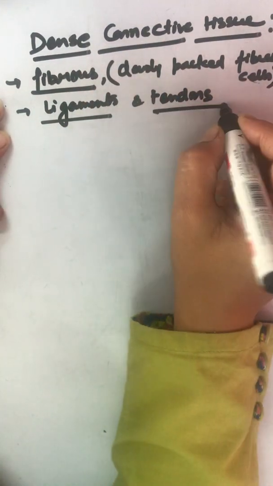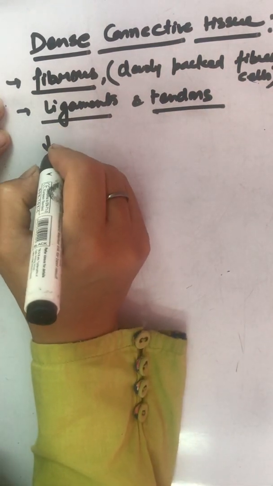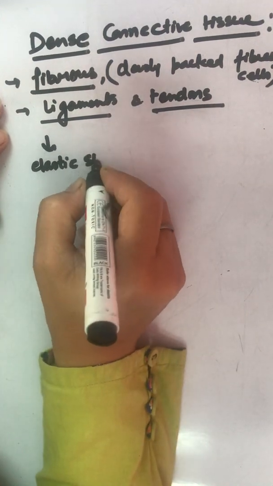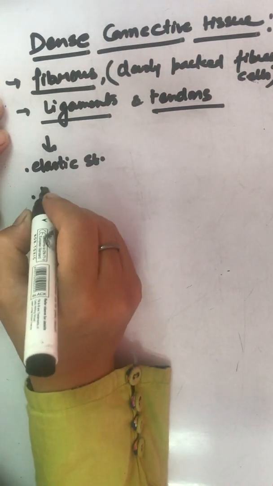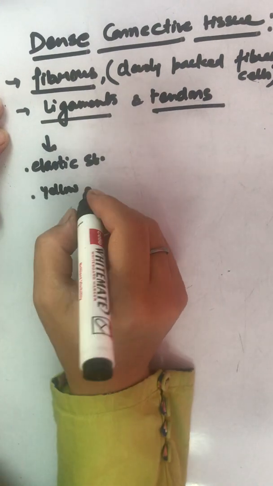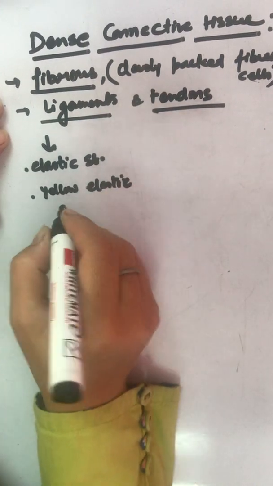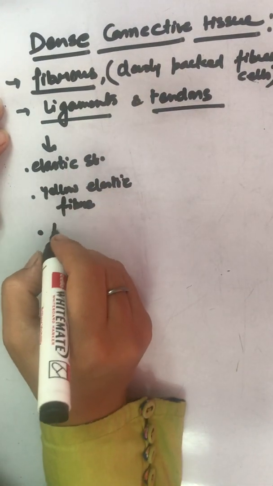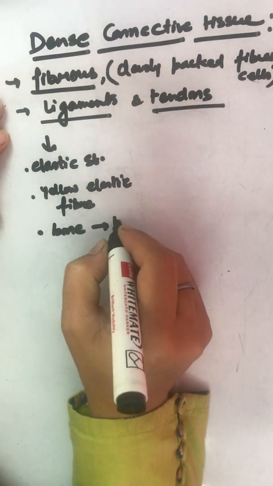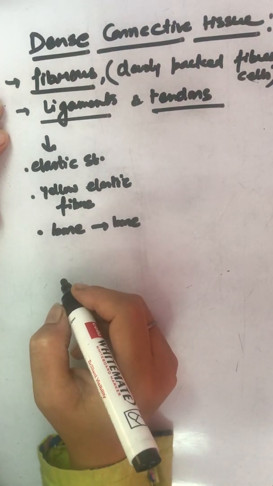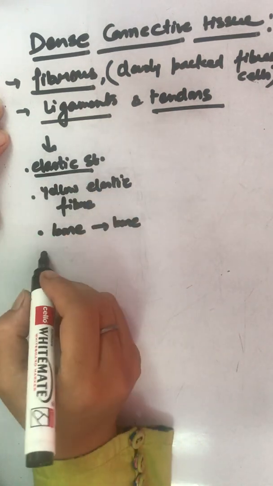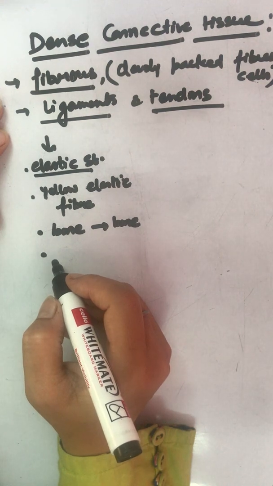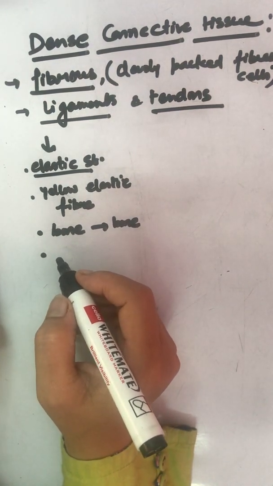Ligament and tendons. What are ligaments? Elastic structure. Made up of yellow elastic fiber. What does it do? It connects bone to another bone. Then what is the property? Because this elastic structure is all the more elastic, it provides great strength to the body.